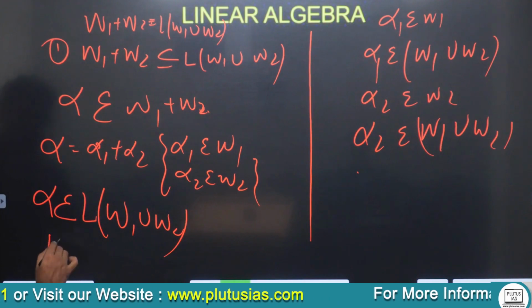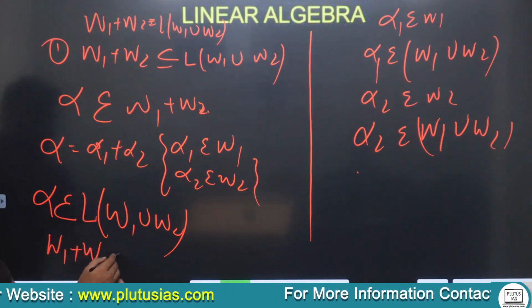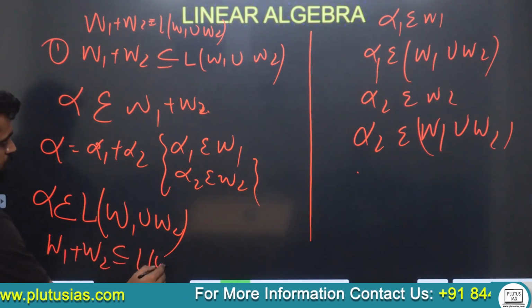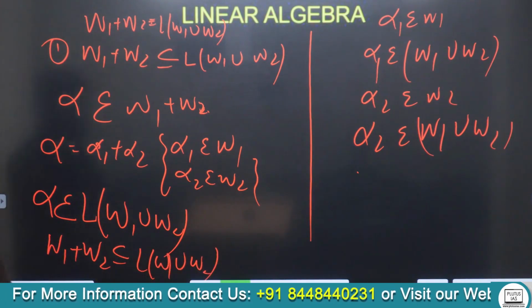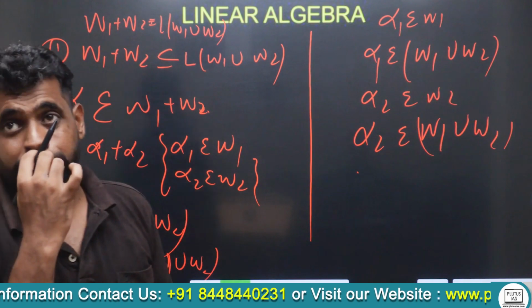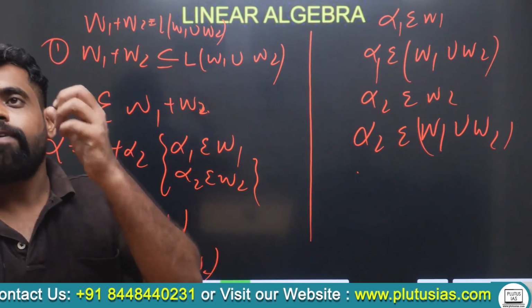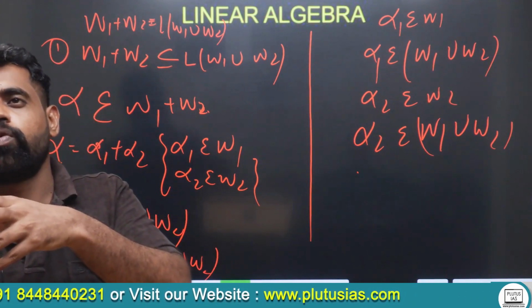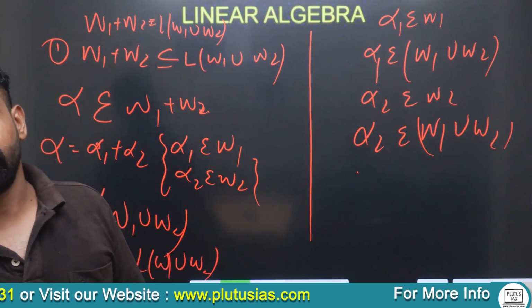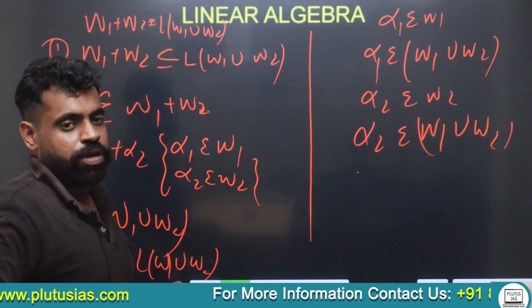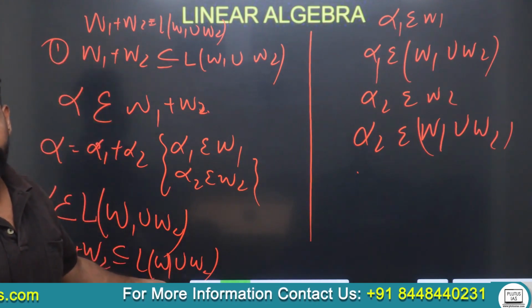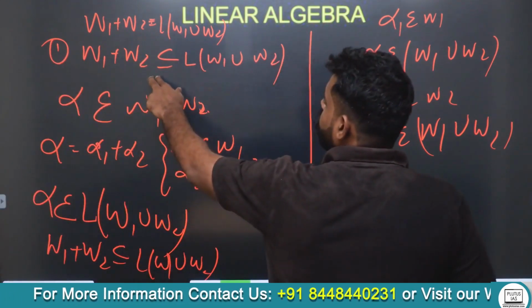So we can say that W1 plus W2 is a subset of L of W1 union W2. Then what is W1 plus W2? This is span of this only. Okay, and this is the first point which you have to prove.